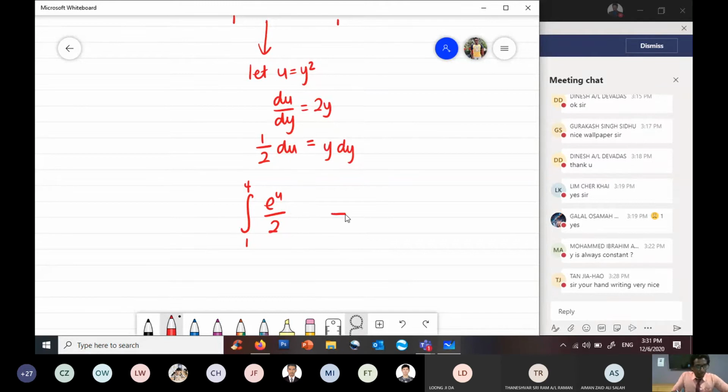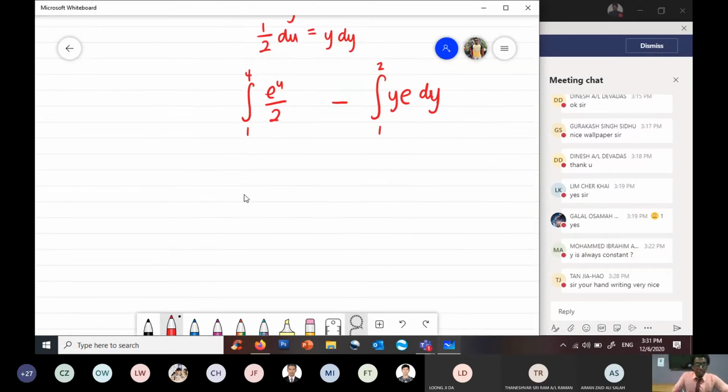On this side, however, I don't need to do anything much because the basic integration itself is not that tough. It's just y e from 1 to 2. So solving this, again, not a big deal. If you solve it, you will finally get e to the power of 4 over 2 minus 2e.